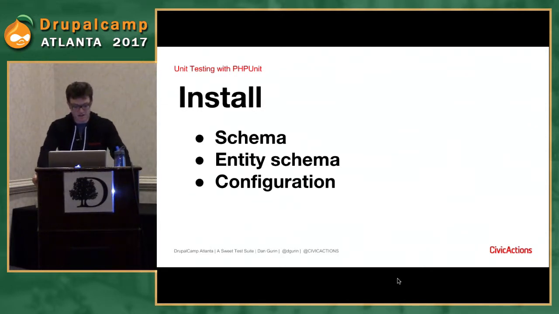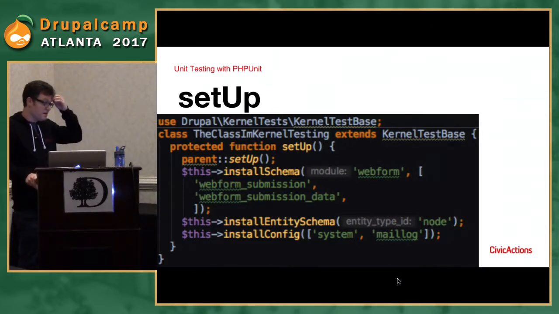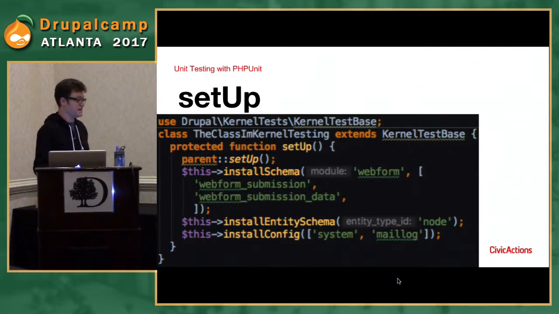So as far as installing config, there's typically schema, entity schema, and configuration. So the schema here, you can see that you specify the module and then the tables that you want to install.